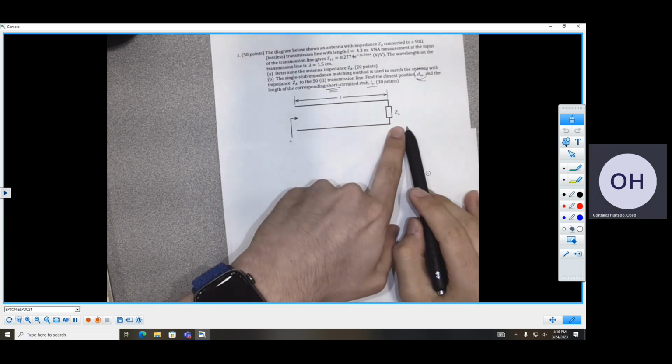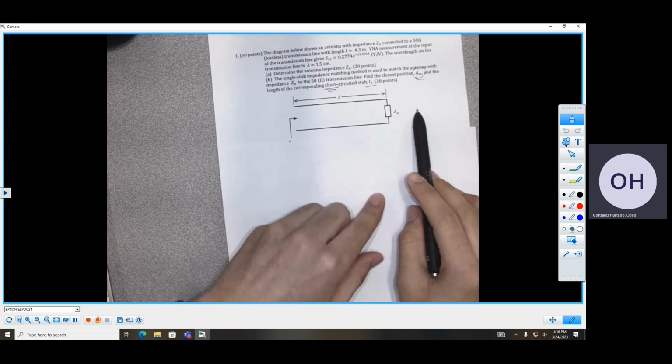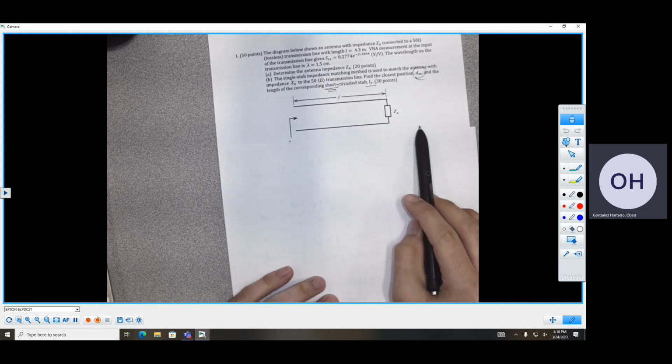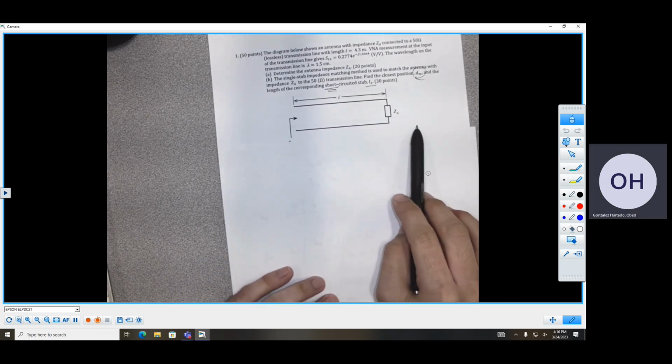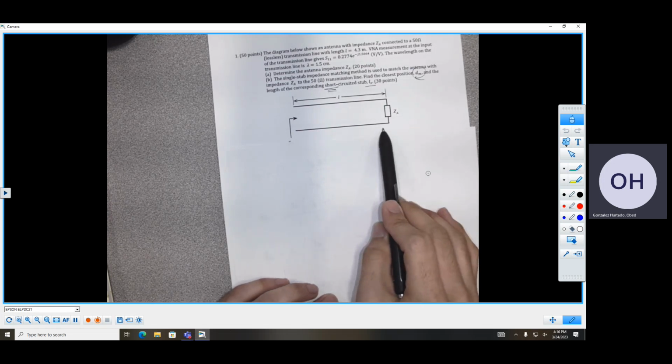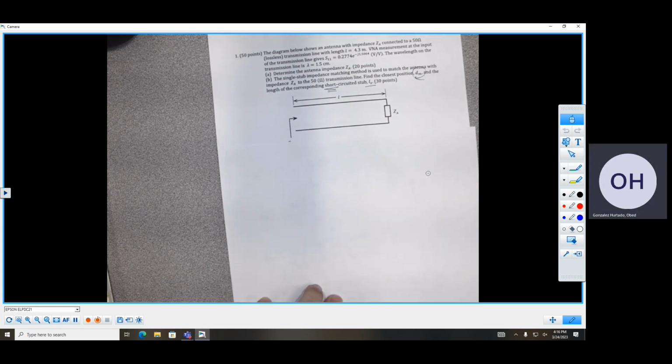So what does that mean? That means that the length would be over here. We would be putting something on this side if we get a negative length. That's not possible, so we need to bring it into the positive. If you saw in your homework, I put, you would add lambda over two. That's also in the book, just a trick to make that negative length into a positive length.